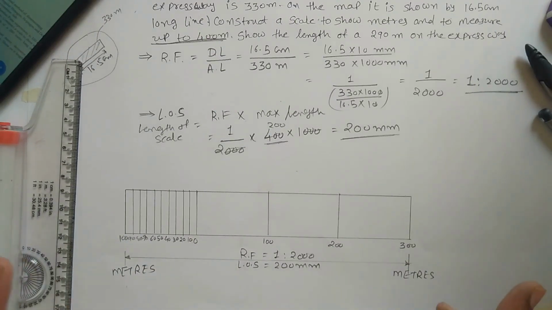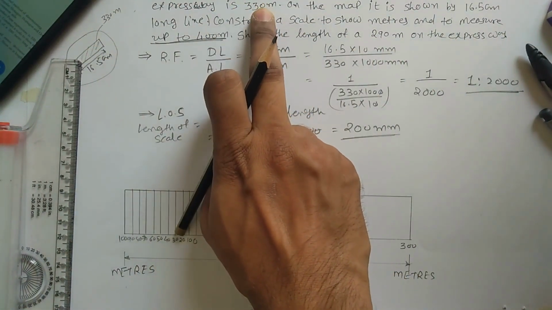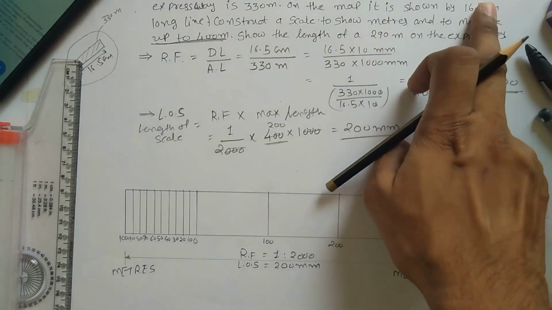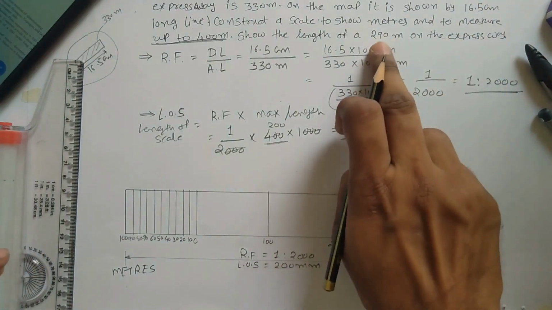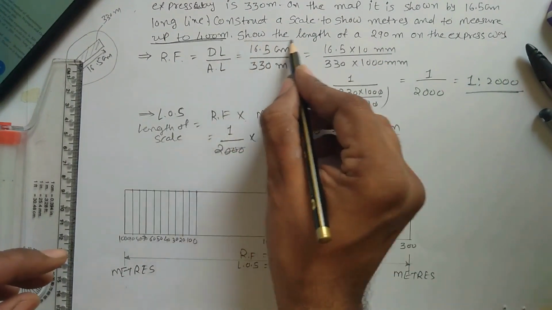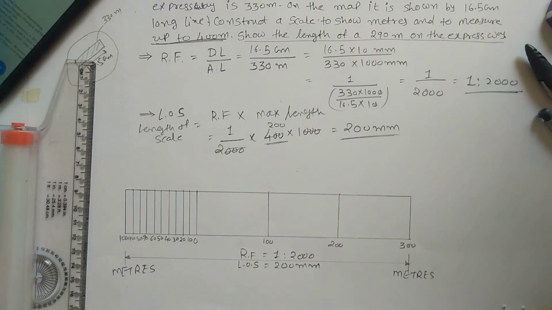So your scale is ready, which can measure up to 400 meter and which is relevant to this example of RF, like 330 meter representing 16.5 centimeter. So if they ask to measure like 290 meters, show the length of the 290 meter on the expressway, you have to measure the distance accordingly.